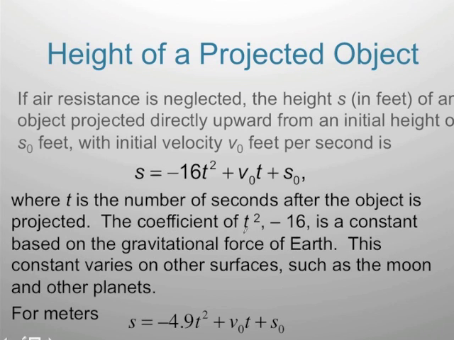The coefficient of t squared, the negative 16, is a constant based on the gravitational force of Earth. This constant varies on other surfaces such as the moon and other planets.